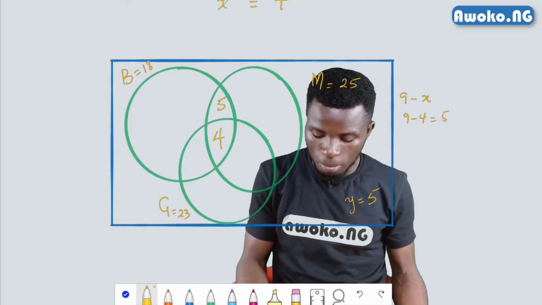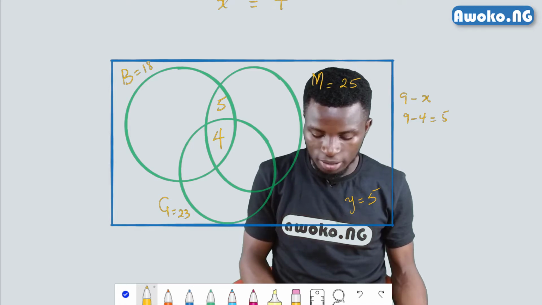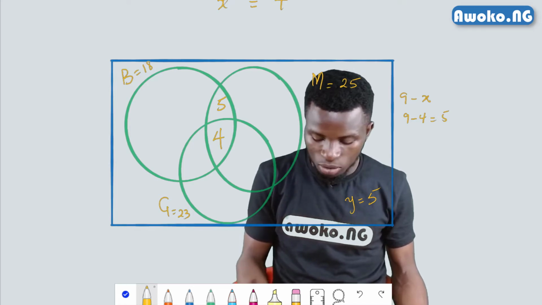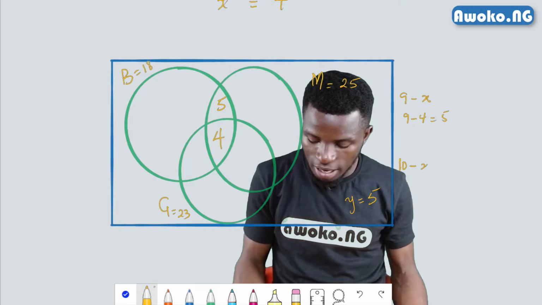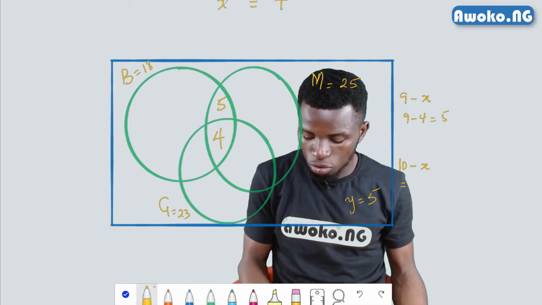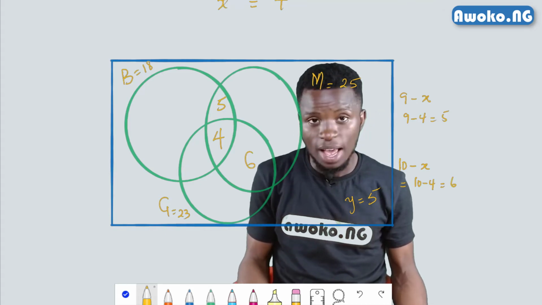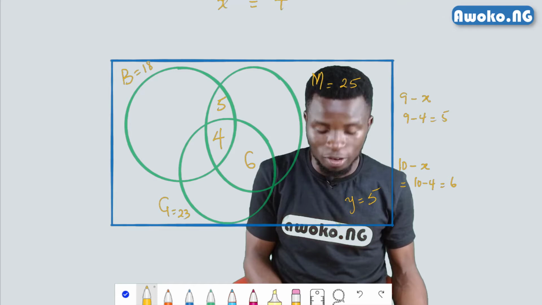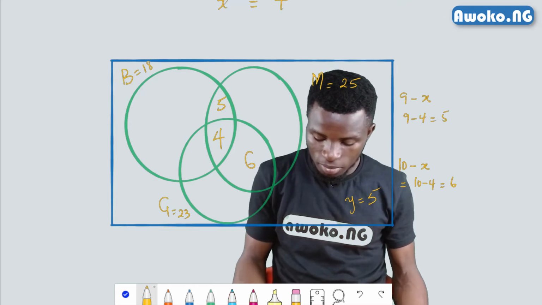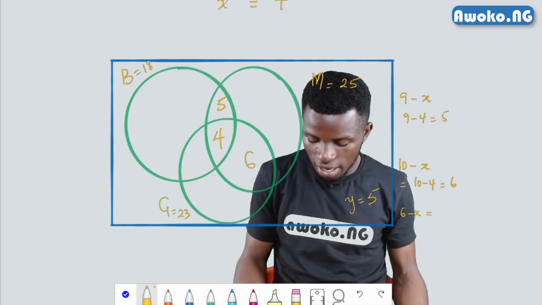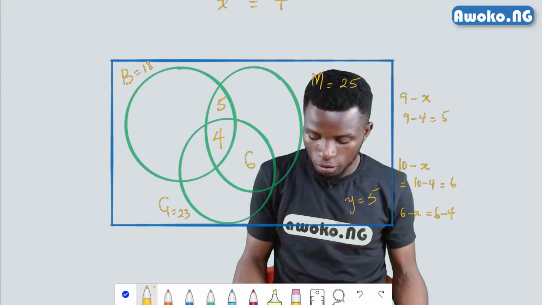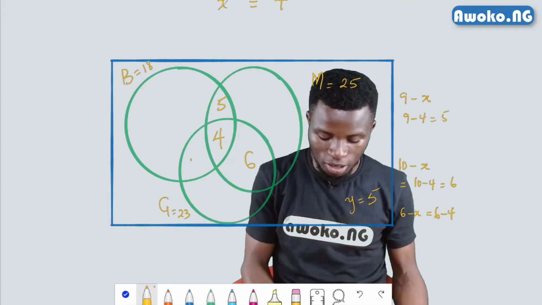And for mathematics and government, we have 10 minus x, which is equal to 10 minus 4, which is 6. So we have 6 over here. And for biology and government, we have 6 minus x, which is equal to 6 minus 4, and 6 minus 4 gives me 2.